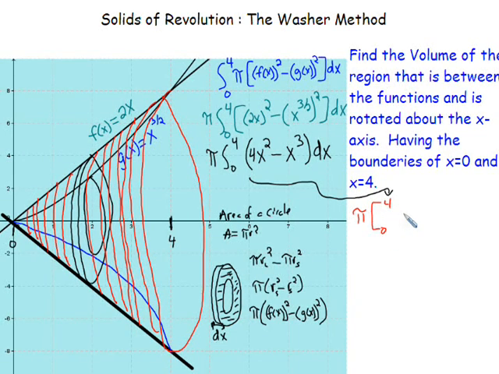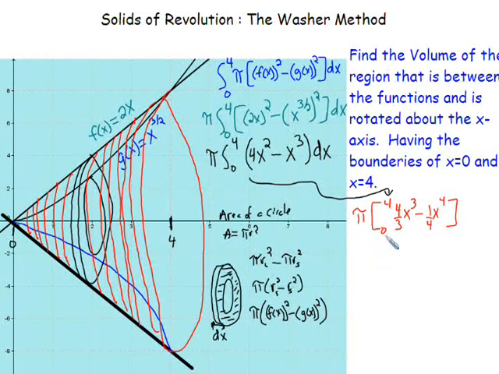We'll take the integral of 4x squared, so that's going to be x to the 3rd, and divide 4 by 3, minus x to the 4th, 1 over 4, okay? And that's our integral there.